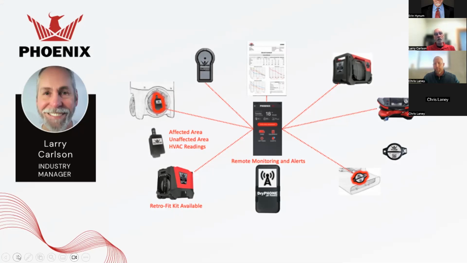This can be used for your affected areas, your unaffected areas, your HVAC readings. You can also mount it to the outlet of a dumb dehumidifier and essentially make it a smart dehumidifier. And then the readings of the outlet of that dehumidifier will be sent into the app.